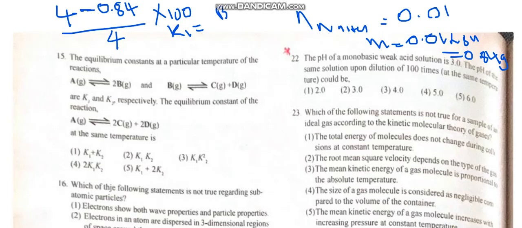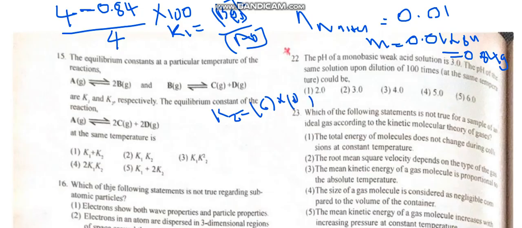So I'll take the B gas, and now you have 2 B gas, that is raised to a power, over A gas, that is K1. Same way, K2 is the concentration of C into the concentration of D over the concentration of B.